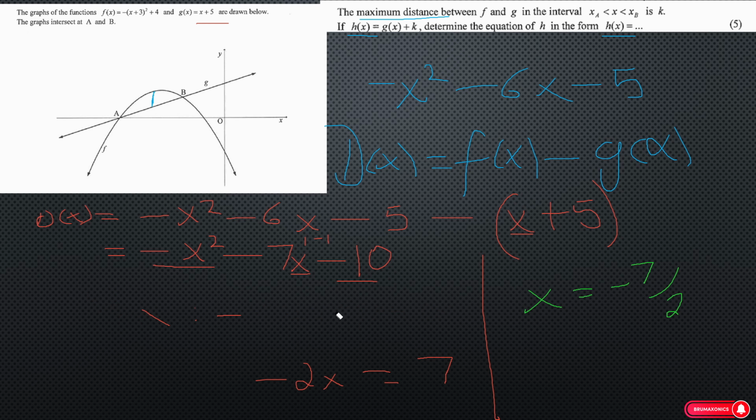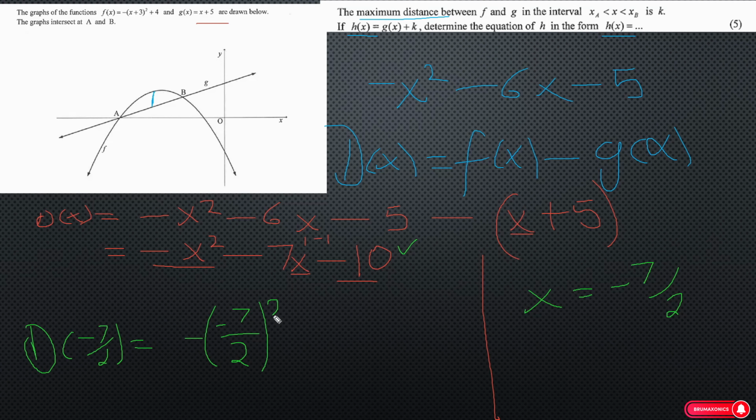So I'm going to erase everything here and give you the summary. So here you have to say, okay, the d of negative 7 all over 2, which is equal to, remember, negative, again, all over 2, and then squared, and then minus 7 times minus 7 over 2, and then minus 10.